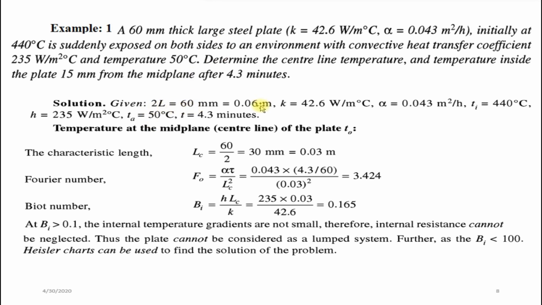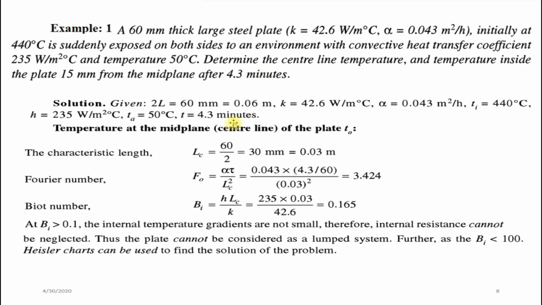Please remember, in a large infinite solid plate, whatever thickness is given, you directly take it as 2L. So 2L is equal to 60 mm, that is 0.06 meter, and the thermal diffusivity alpha is given. The initial temperature Ti is given, and it is exposed on both sides with convective heat transfer coefficient 235 watt per meter square degree Celsius. Then Ta, the ambient temperature, is 50 degree Celsius, and the time given is 4.3 minutes.